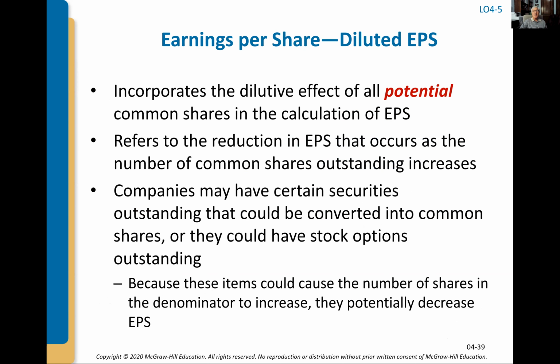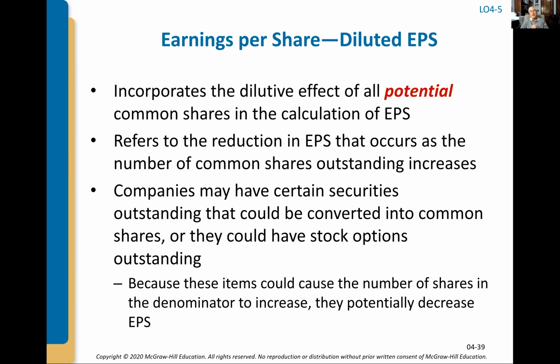In contrast, diluted earnings per share starts with the same numerator, and then we add all potential shares that might be out there. What are potential shares? What if the company gave a whole bunch of stock options to executives? They could go exercise those options, and suddenly, outside of the company's control, there are more shares outstanding. So in diluted, we account for those shares.